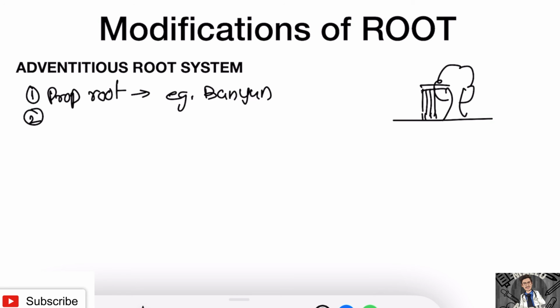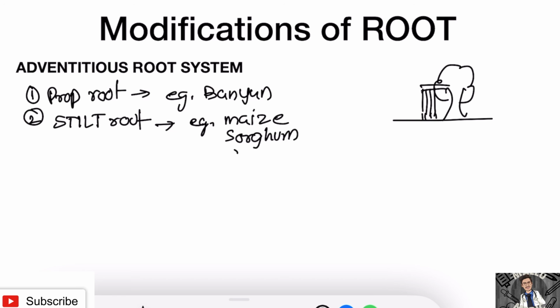And then we have another type known as stilt root. Examples are maize, sorghum, and sugarcane. You need not write sorghum. Maize and sugarcane are just enough. So what are stilt roots?